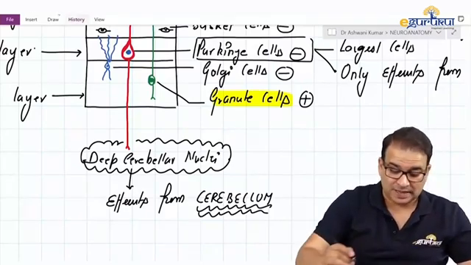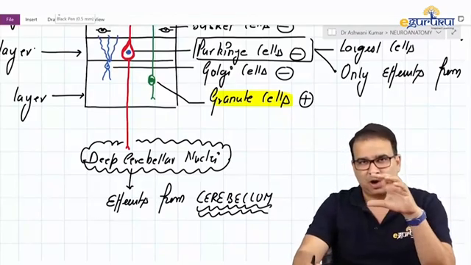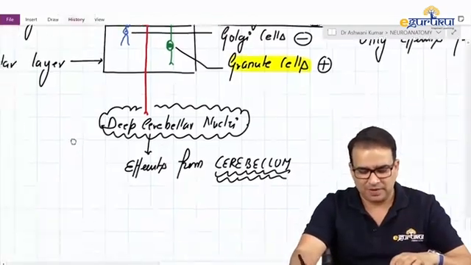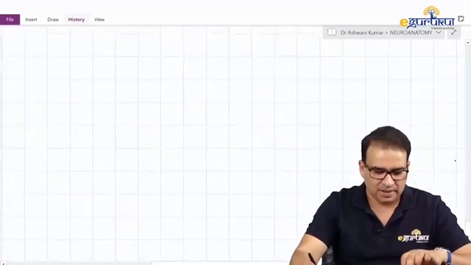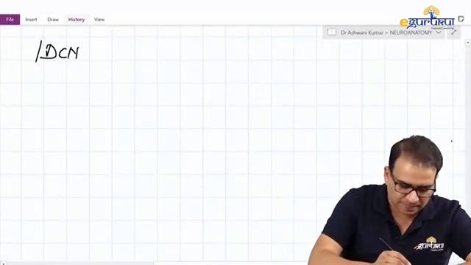Now the question is, what exactly are these deep cerebellar nuclei? We talked about the 5 types of cell we have in the cortex. Now coming to the white matter, where we have these deep cerebellar nuclei. Let me write in short, guys. That is deep cerebellar nuclei.